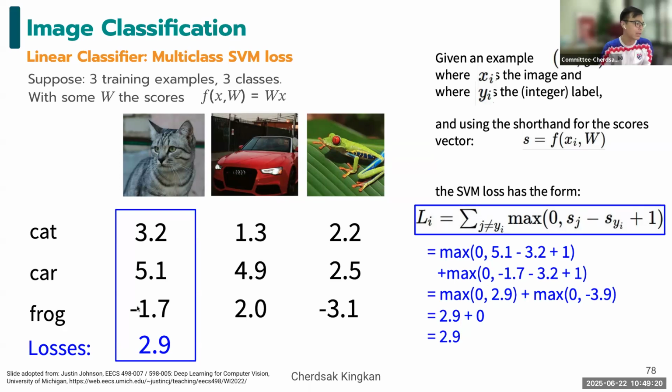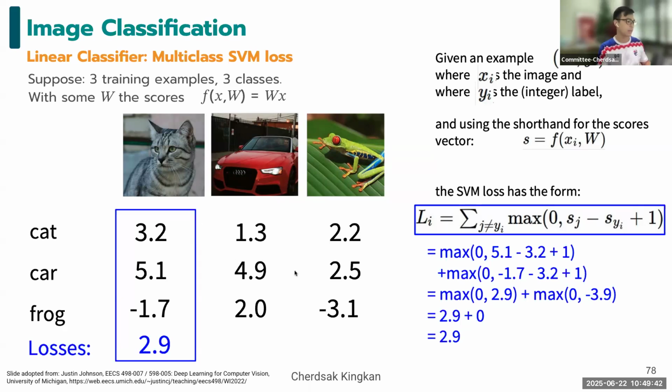The other class would be minus 1.7 minus the score of the correct class, which is cat, 3.2, plus 1. You sum them all up and you get 2.9. That's the loss value of that image.